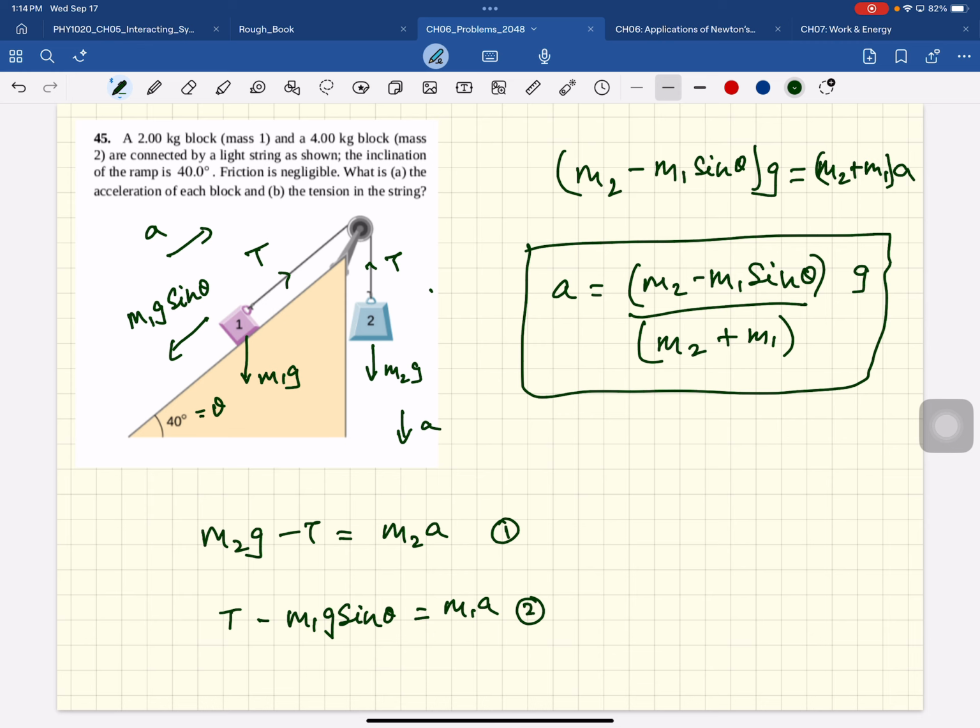All right, so think of this as a one-dimensional problem. That's an easier way to look at it.